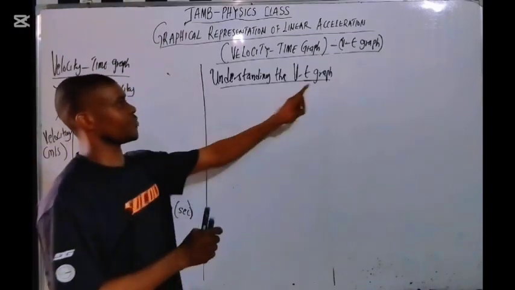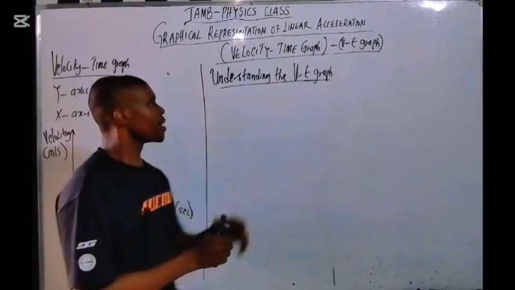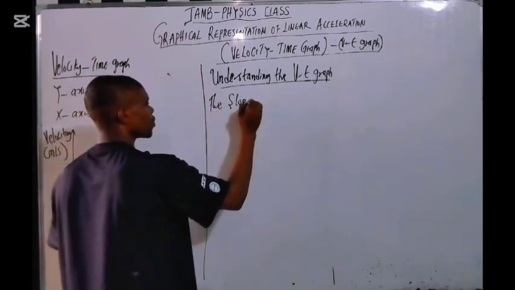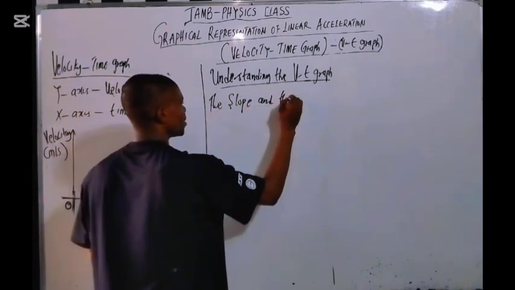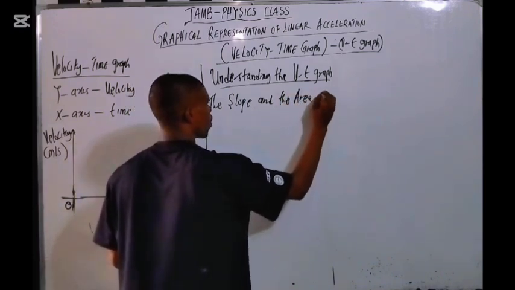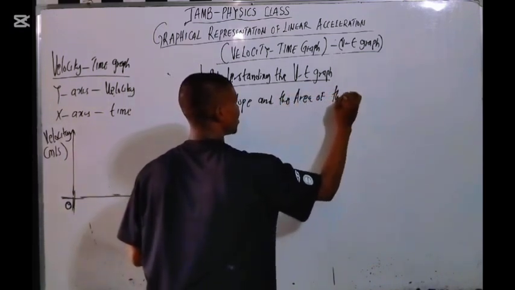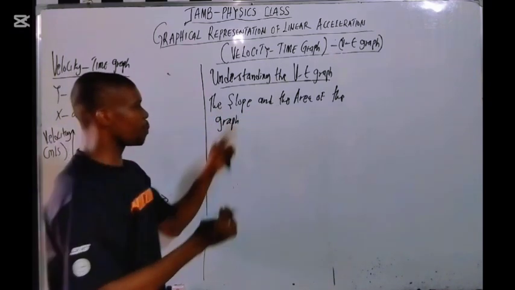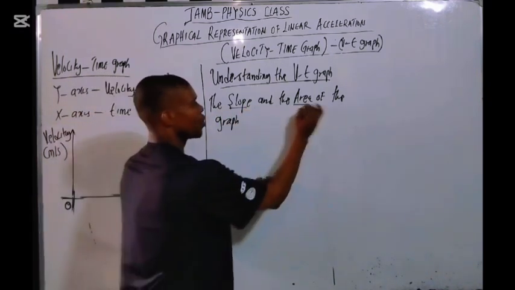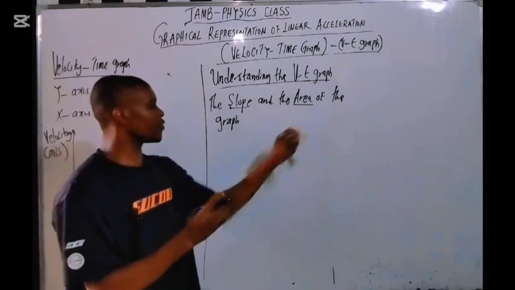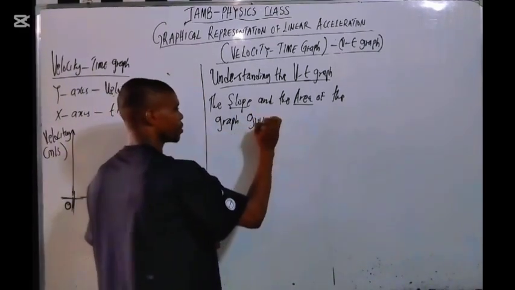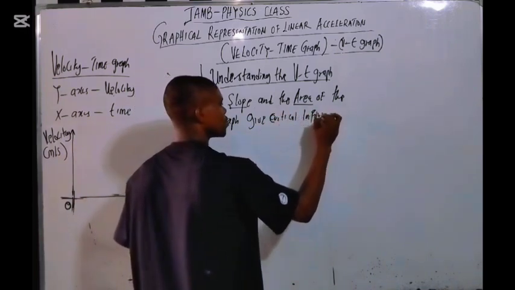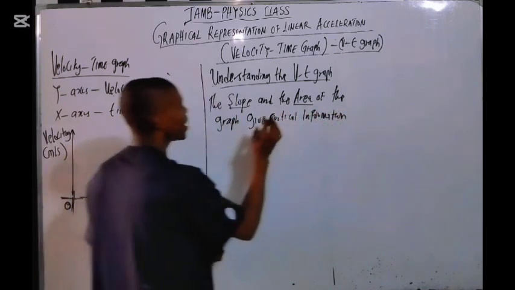So let's understand the VT graph. The slope and the area of the graph give critical information about the VT graph.